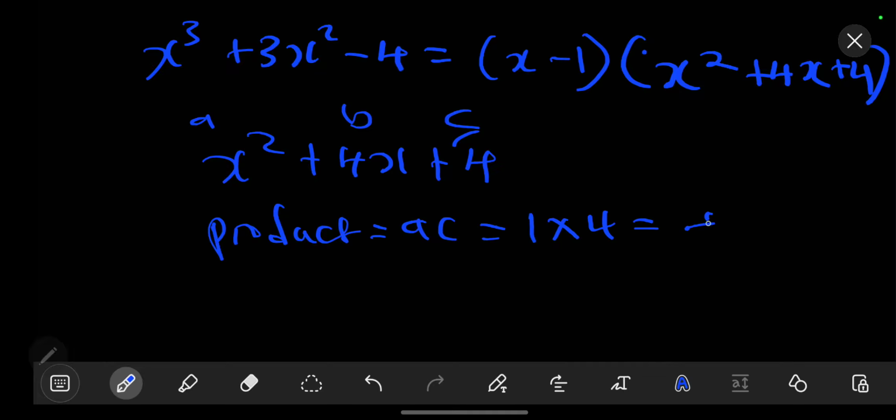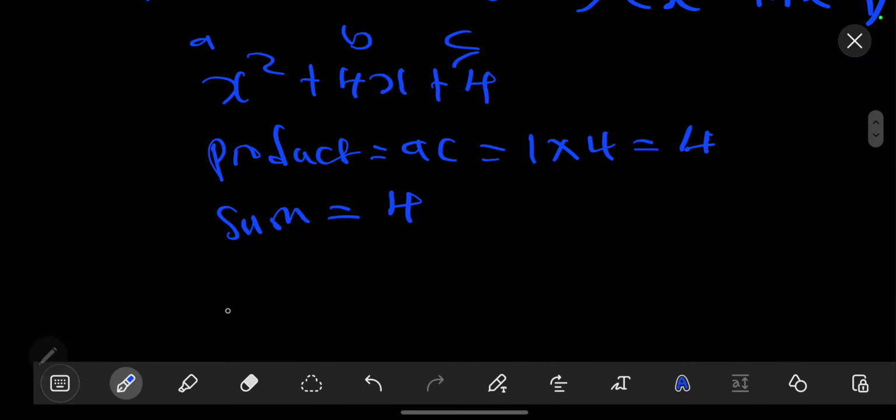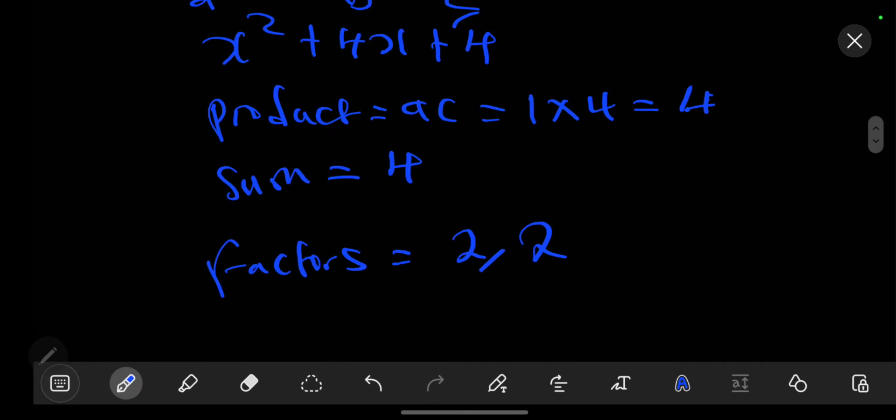So we are going to get a positive 4 for that one. Then we are going to have our sum, which is the B value. In this case, it is equal to 4. Then we are going to have two values which, when we multiply them, give us 4, but when we add them, also give us 4. So these are our values. From here, we are just going to replace. So we have our x squared, where there is 4x.